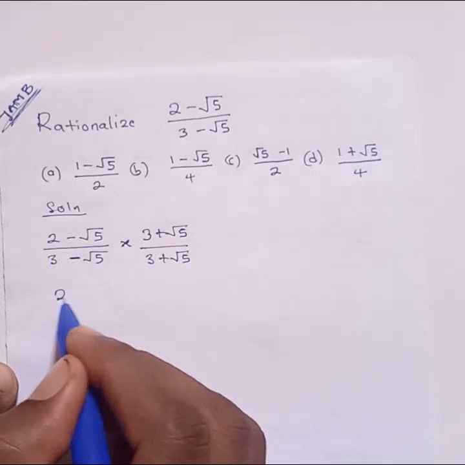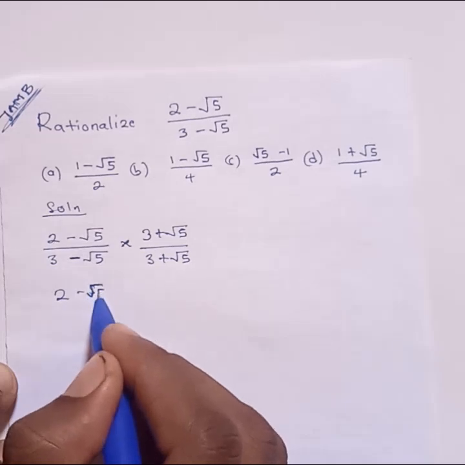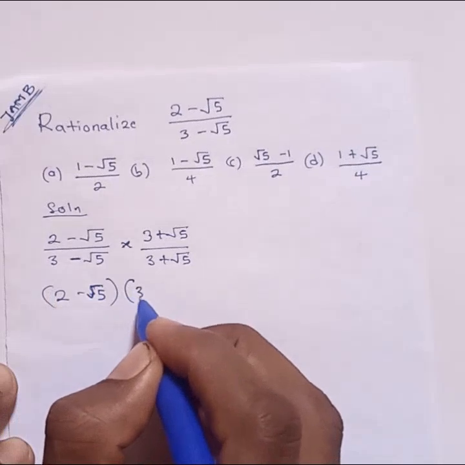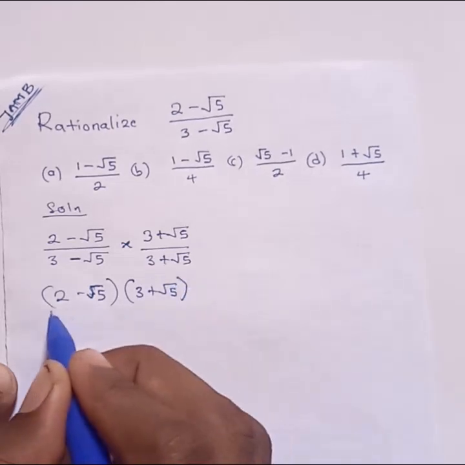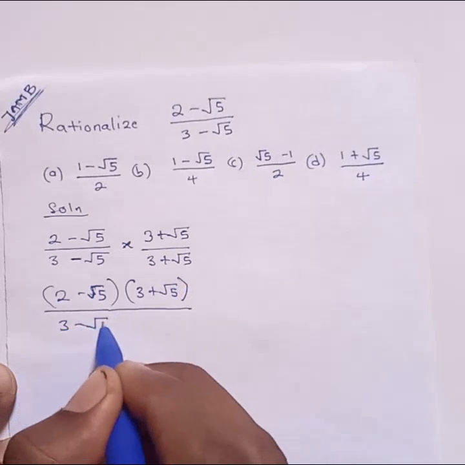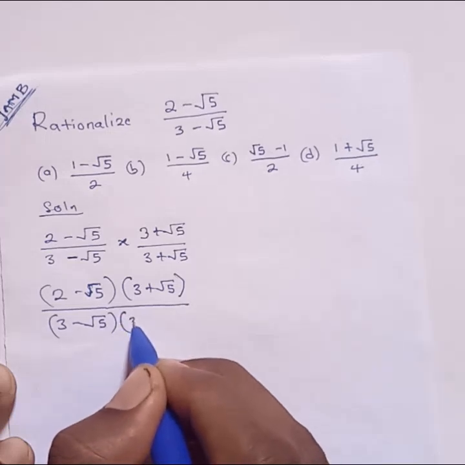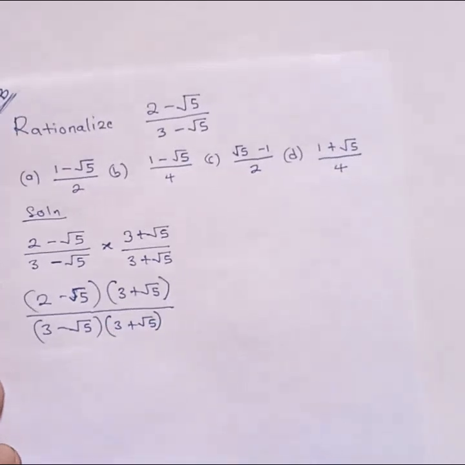So which is 2 minus square root of 5 into bracket 3 plus square root of 5 all over 3 minus square root of 5 into bracket 3 plus square root of 5.